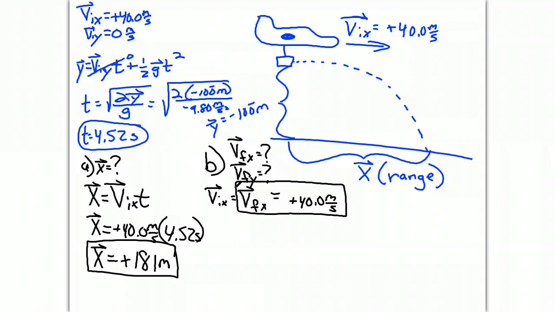And lastly, we can solve for VFY. Now there's a couple different ways to solve for VFY. I tell you to normally try to use the equation where we haven't solved for anything yet. So if you look at the first equation, VFY equals VIY plus g t, we had to solve for the time, so that's not the best equation to use, even though most students like to.